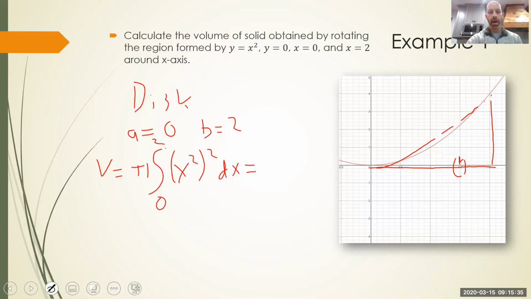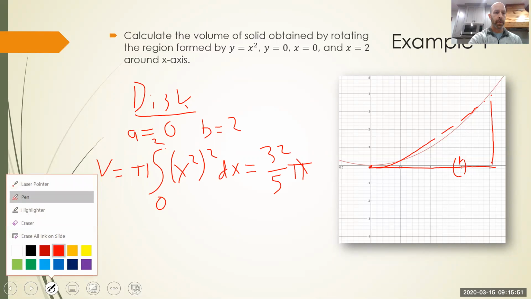And then once you work that out, you're going to get 32 over 5 pi. That's a pi. Sorry, I almost made that an x. So that's a disk method problem, starting at 0, going to 2.